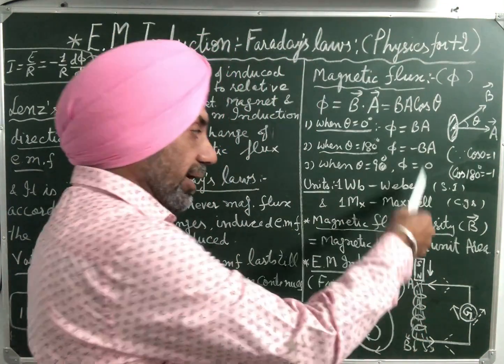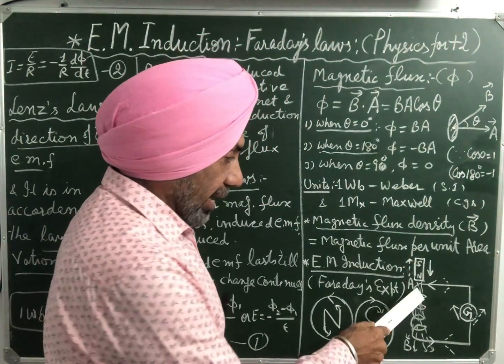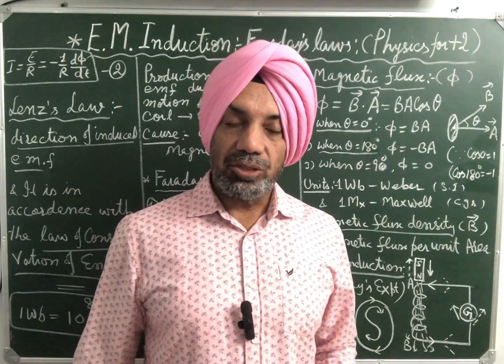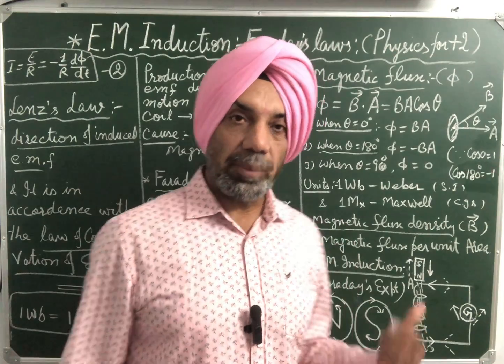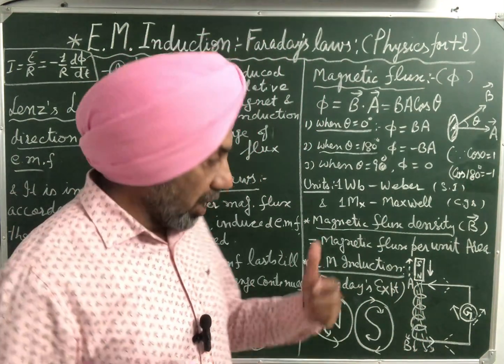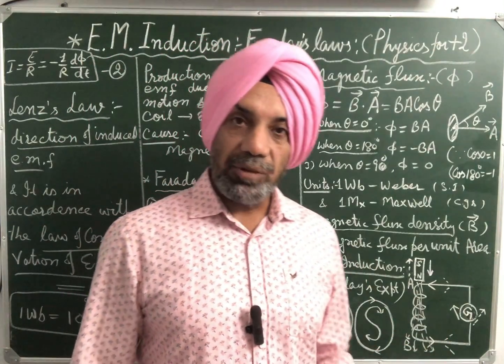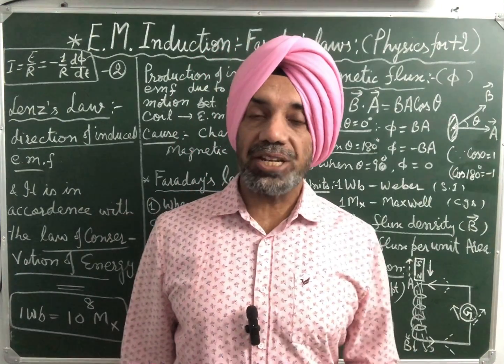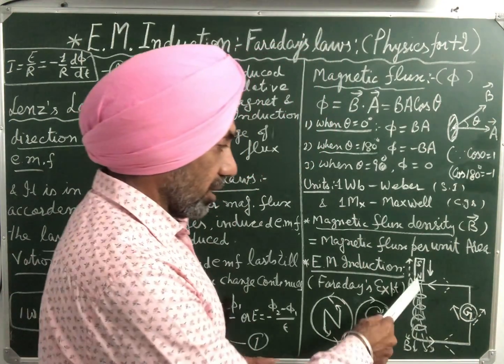Similarly, when the magnet is taken away and A becomes south pole, then north and south attract. So there is a force of attraction between the north of the magnet and the south of the coil. So work has to be done. If we have to move it away, work has to be done against the force of attraction between the two opposite poles.